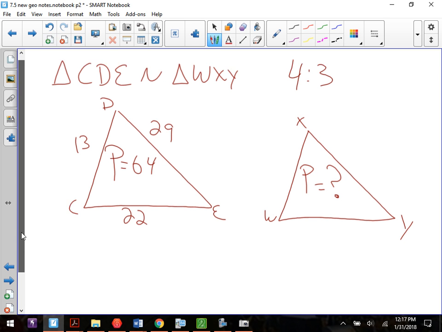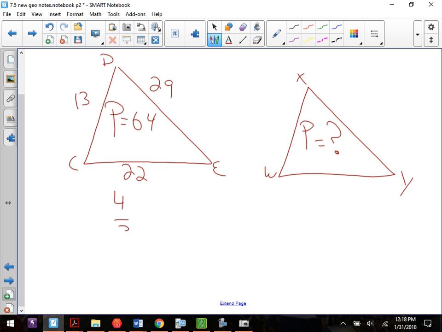So if I'm going with my ratio of 4 to 3, I went from left to right, that means this would be 64. So, cross multiply and solve.